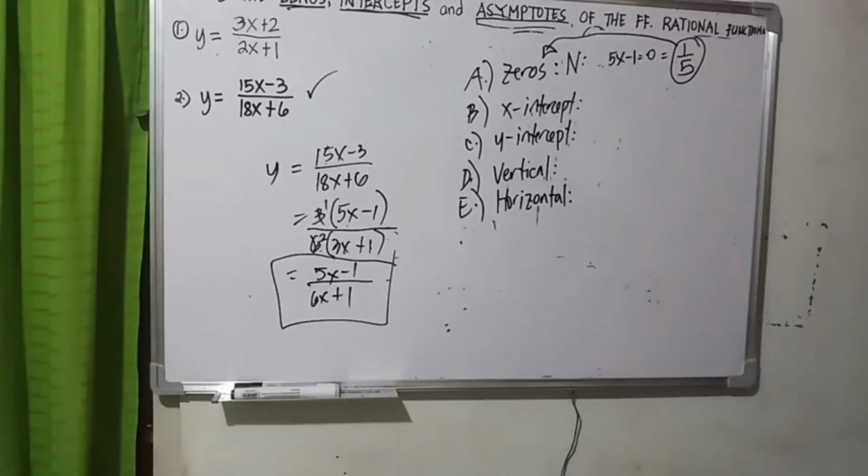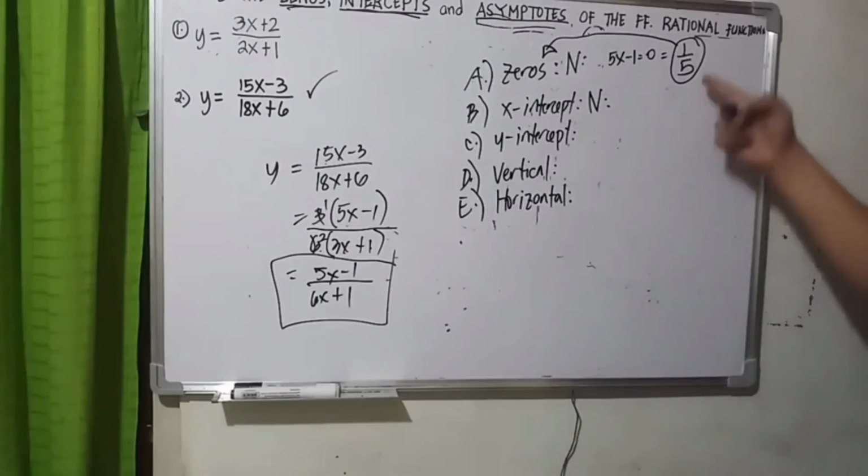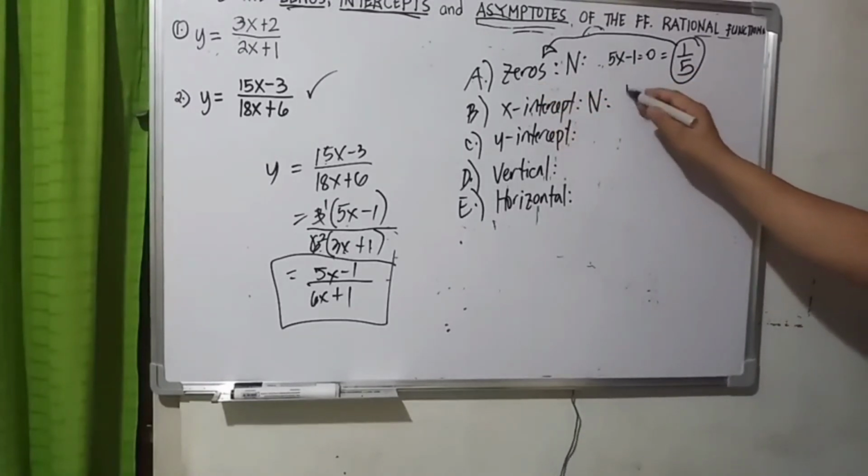1 over 5. Okay, that is the zeros. Next, how about for x-intercept? Saan tayo naka-base pa rin? Sa x-intercept, naka-base pa rin tayo sa numerator. Again, kung ano yung value ng zeros, that is also the value of x-intercept.